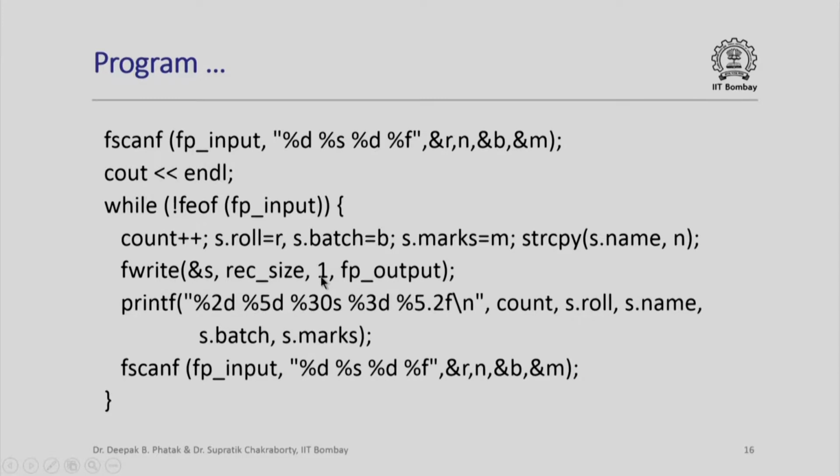Please note that I am writing the output file sequentially. So after this write, I of course print that record for my own benefit and read the next input record, go back to this while statement. So as I read records one by one from the input file, they will get written in terms of the fixed length structure s into the output file here.